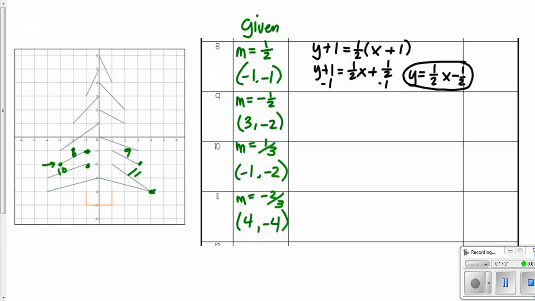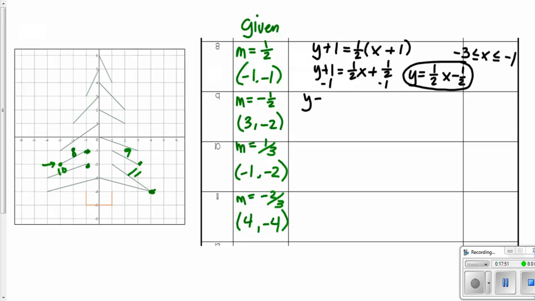There's my equation. I have found my slope-intercept form. Now I can put that into Desmos and get my line to appear. I do need the domain again, though. For line 8, it'd be from -3 to -1. Okay, and do this process again.